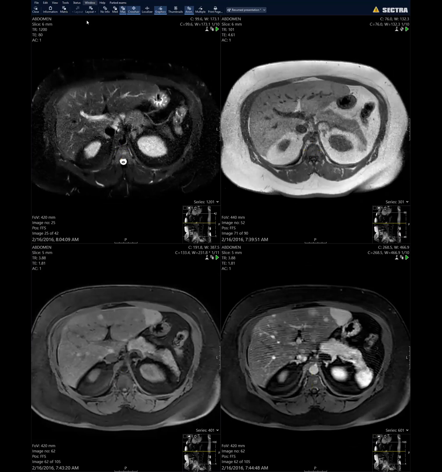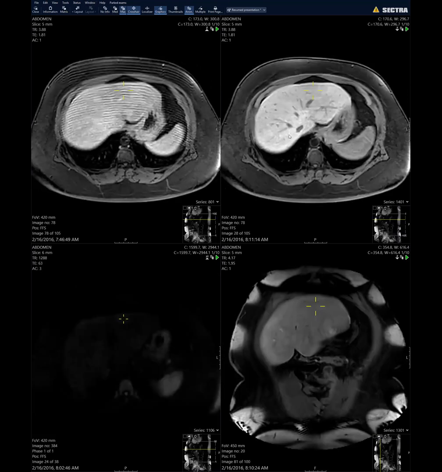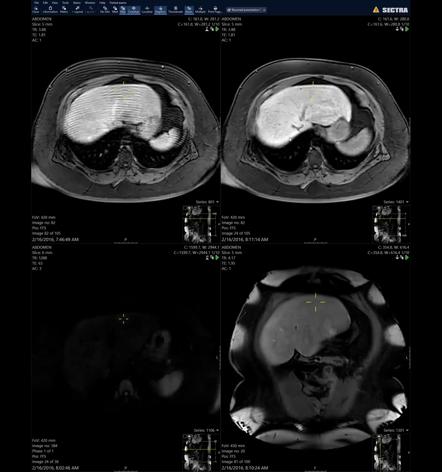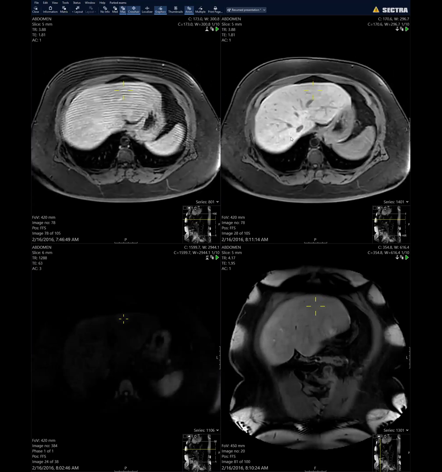This is probably the theory that I like: if they retain EOVist or don't show washout, this was probably just focal areas of fat sparing. And if they wash out and they're true lesions, that means there's no normal liver parenchyma in that area, which means they're adenomas. But sometimes it's hard to differentiate, and that's why I brought these cases to this conference to see if you all had any other thoughts, or any other definitive way to prove one over the other.